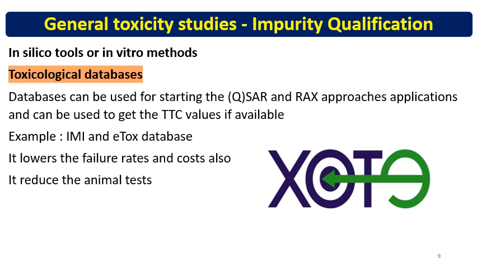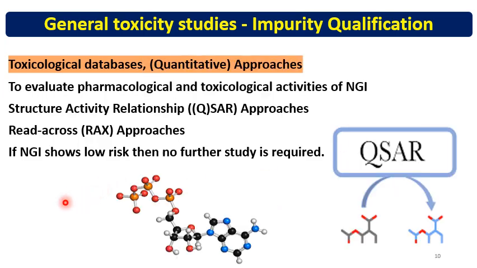Examples are the IMI and ETOX databases. The use of databases will lower the failure rates and the cost. It also reduces animal testing. That's why the databases are very important.